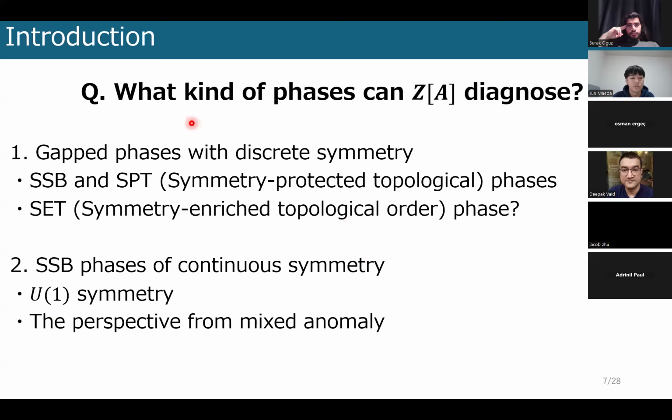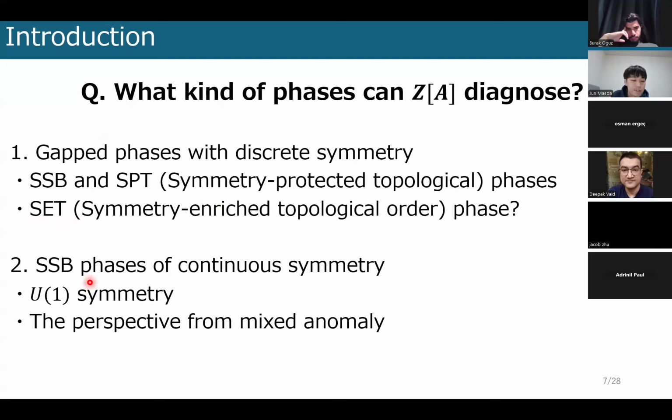So the question is, what kind of phases can the partition function diagnose? To answer this question, in my talk, we consider several phases. The first part of my talk is about gapped phases with discrete symmetry. Especially, first we focus on the SSB phase and SPT phase cases, and then I will explain the SET phase.